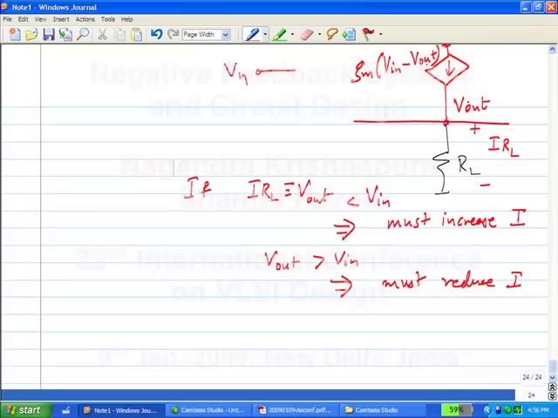You need something extremely sensitive so that it doesn't tolerate any nonsense between Vout and Vin. Even if there is a small difference between these two, this guy is going to kick this node so hard that the difference becomes 0. Right? That's the sign of an accurate negative feedback loop. Correct? You understand?